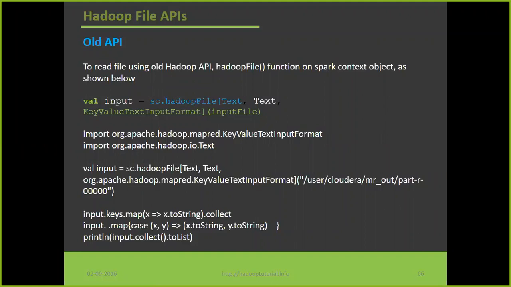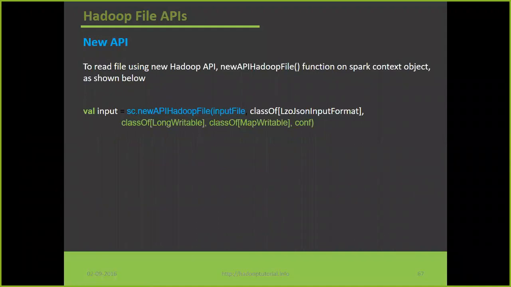So one more flavor of this Hadoop file. This Hadoop file API is for backward compatibility. Even though we have the latest APIs, the old API also keeps working. I don't think it will go away easily because it has extensive support for all the file formats.